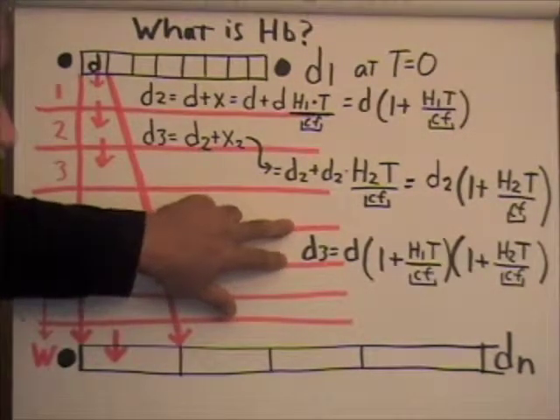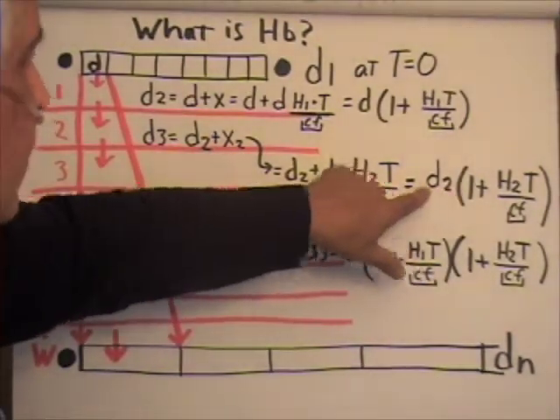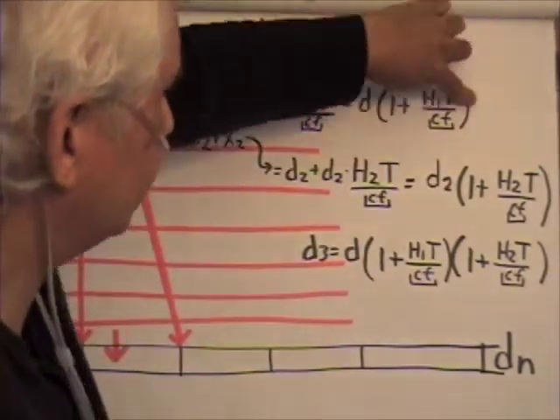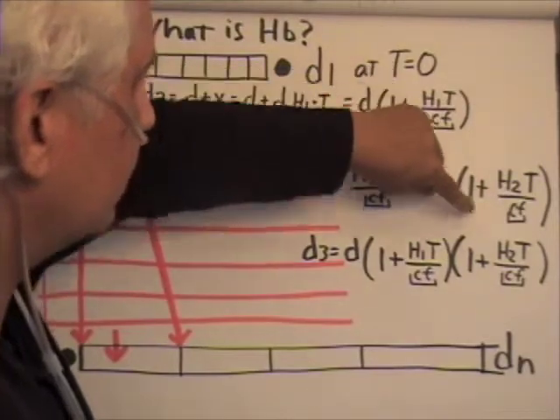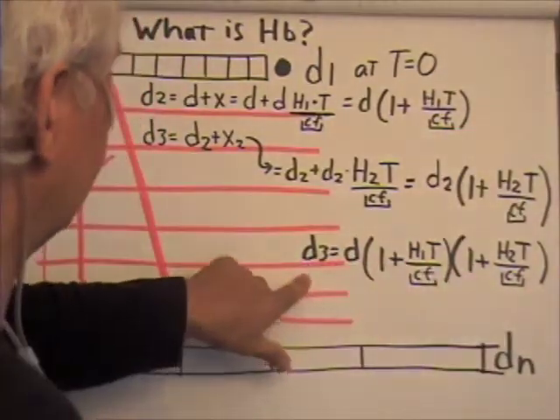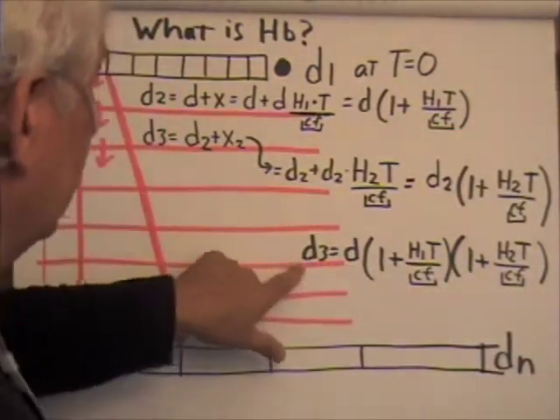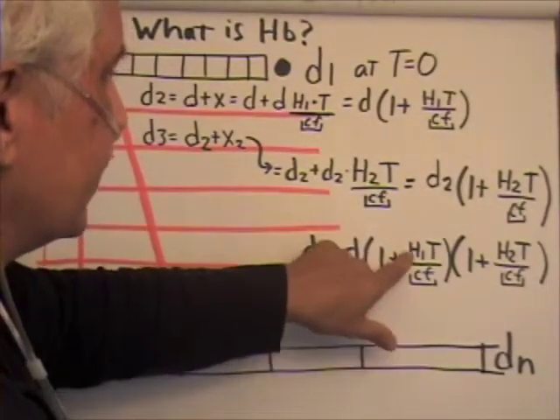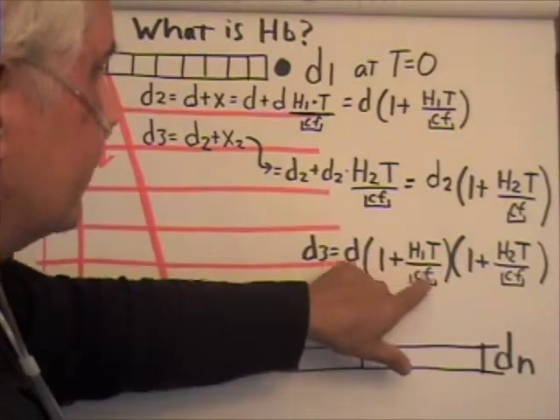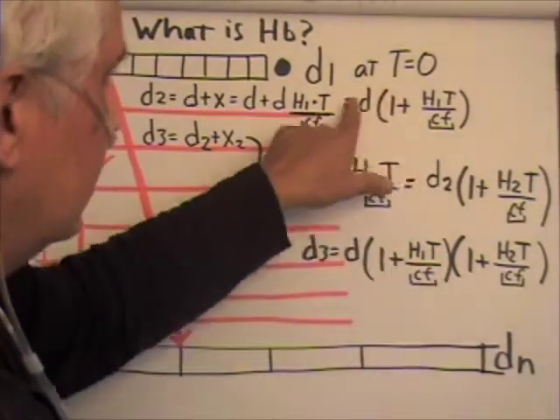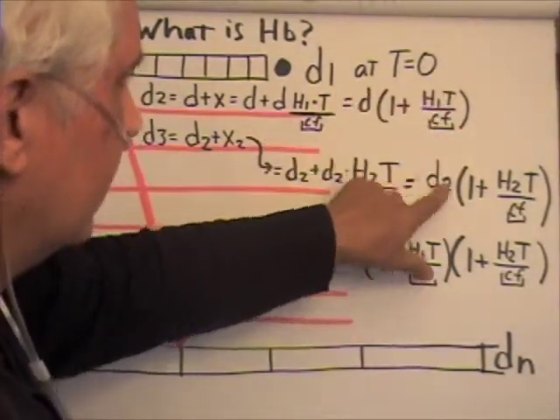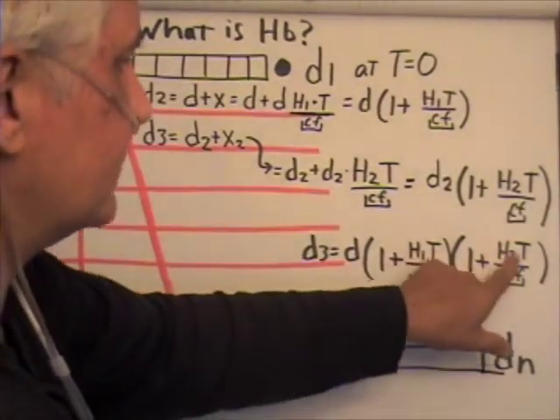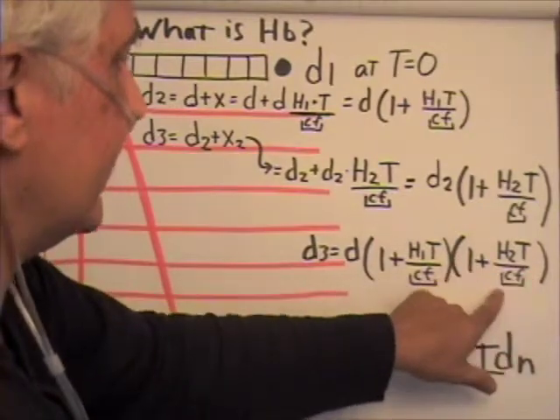Now, since d2 equals this, we can substitute this in for d2, which gives us this equation. d3 equals d times 1 plus h1 t over cf, times 1 plus h2 t over cf.